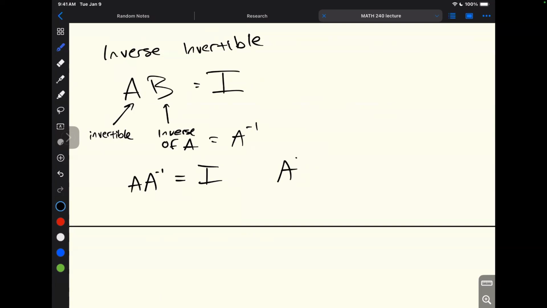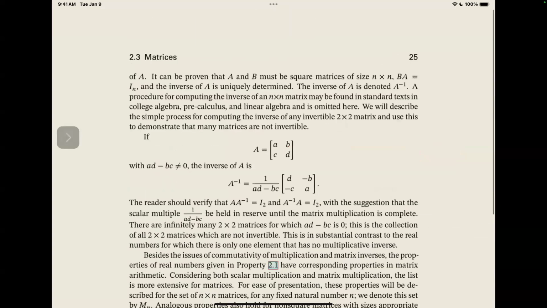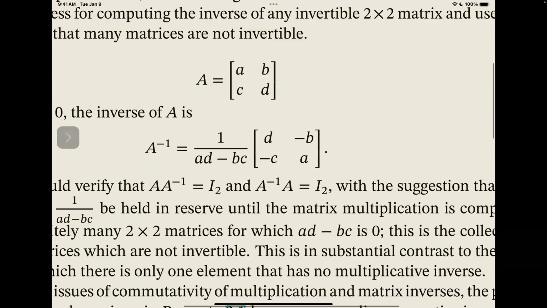And also A inverse times A is also the identity. There's a thing in the book about how to find the inverse of A for a 2 by 2 matrix. That's pretty cool.